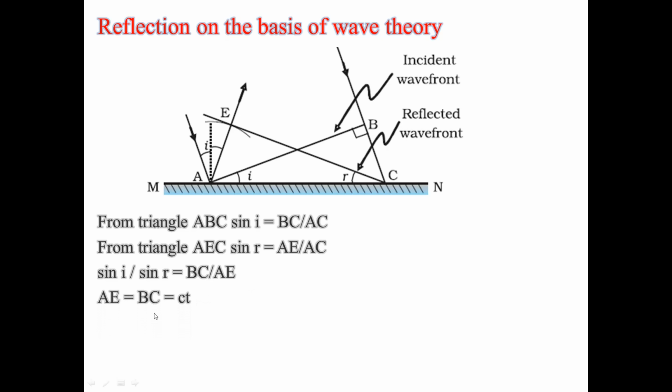But BC is equal to AE is equal to c into t, where c is the speed of light wave and t is the time taken. Therefore, sin i by sin r is equal to 1, or sin i is equal to sin r, or i is equal to r. That is, angle of incidence is equal to angle of reflection.